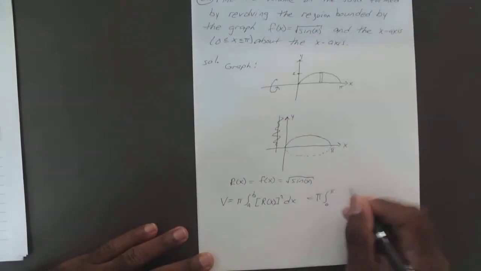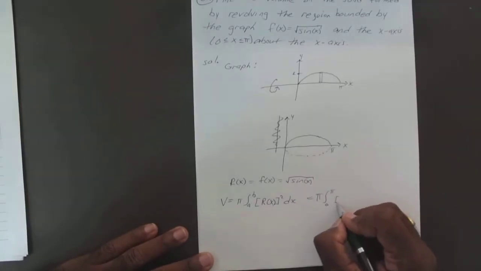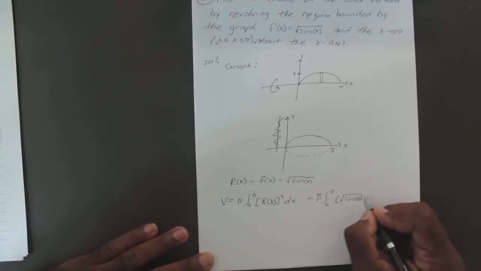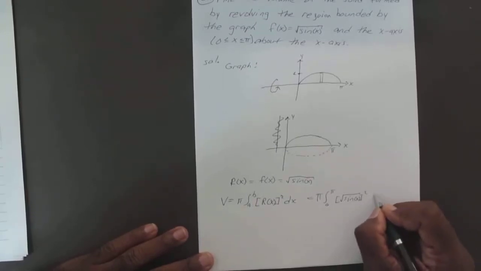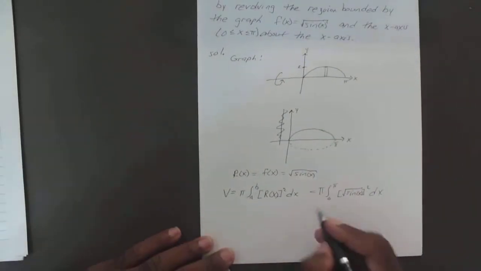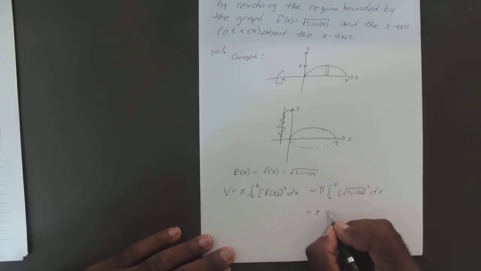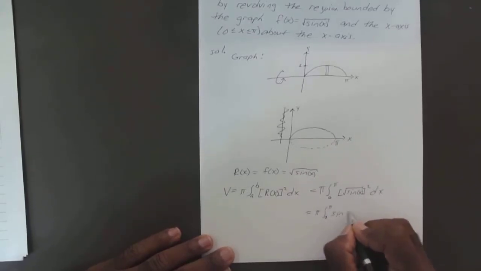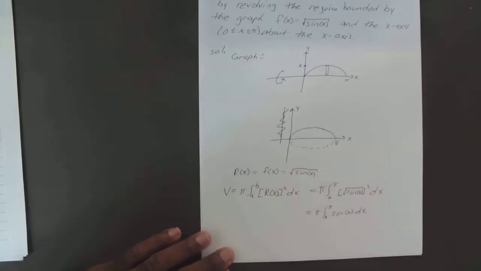Okay, so there you just get pi times the integral from 0 to pi, which they gave us already, of the square root of sine of x, squared, dx. Okay, so the square and the square root cancel each other out.